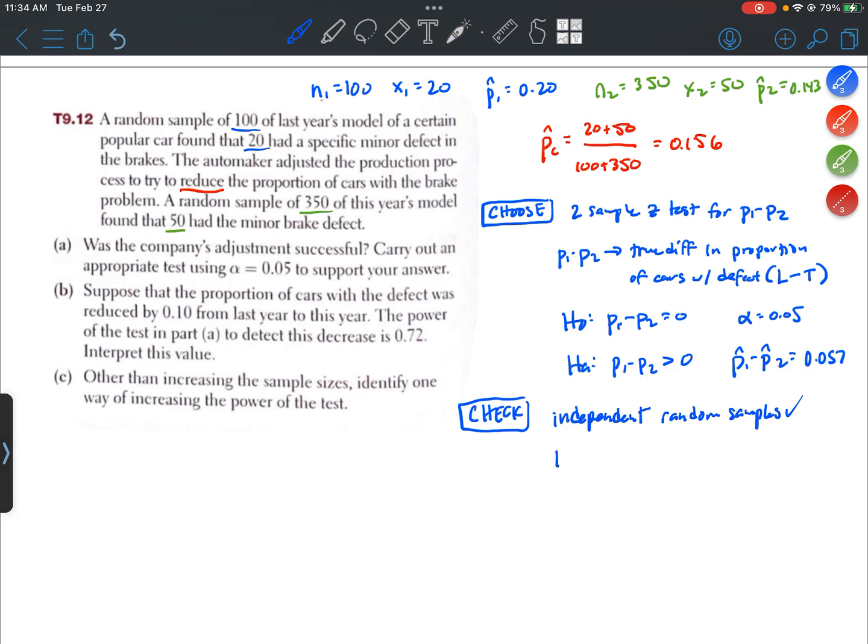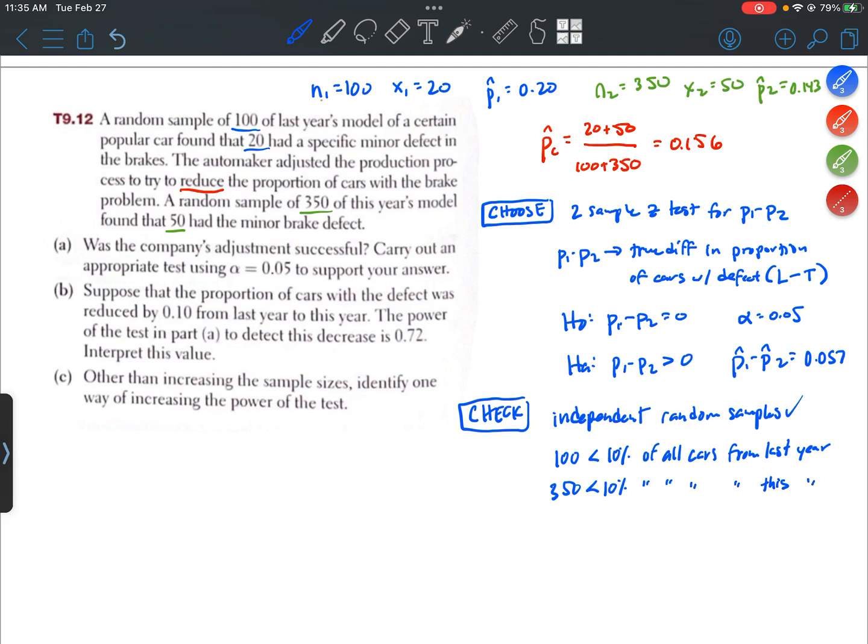Now, we're going to assume that 100 cars is less than 10% of all cars from last year, and that 350 is less than 10% of all cars from this year. Okay. Now, if it's a big auto manufacturer like Ford or Toyota or whatnot, they're making hundreds of thousands of cars every year.